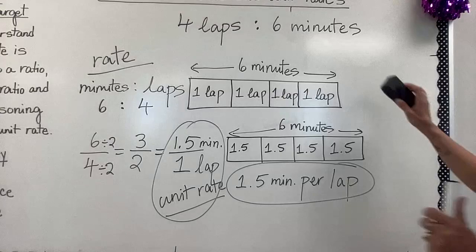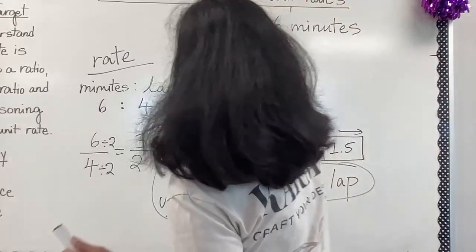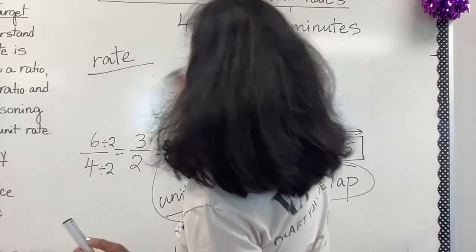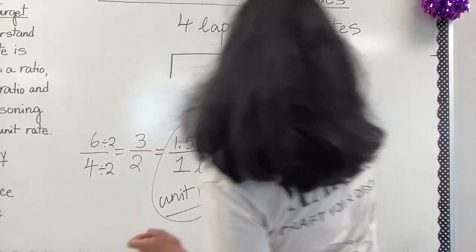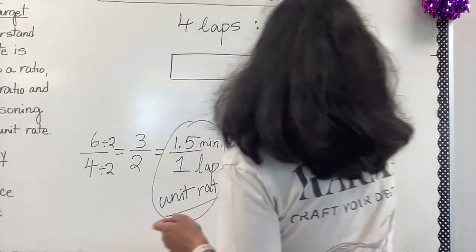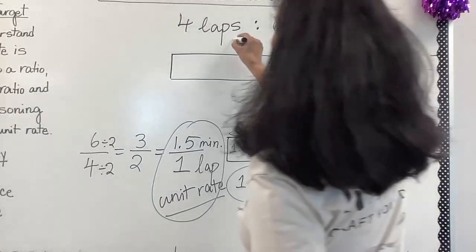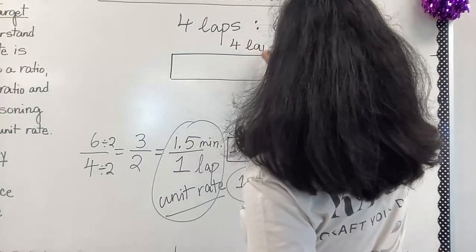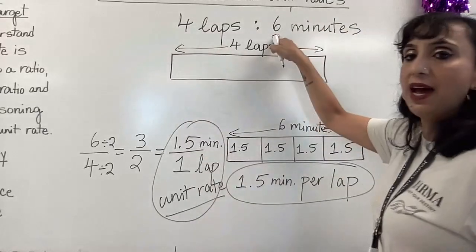So I'm going to erase this. We're going with this one now. 4 laps in 6 minutes. And suppose you're trying to find how many laps she can run in 1 minute at this same rate. So we have 4 laps. And how many minutes do we have? 6.